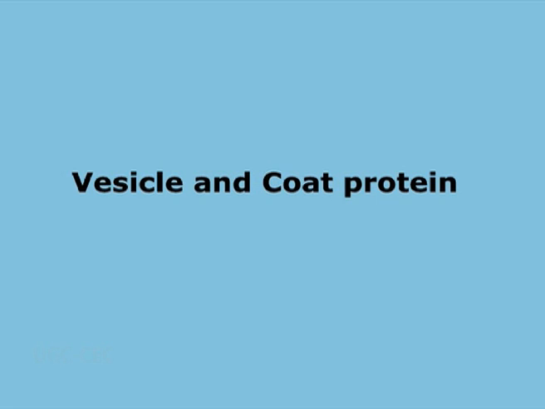Let us be acquainted with vesicle and coat proteins. Small membrane bounded vesicles along with its coat proteins involved in transport of different proteins from one organelle to another are common elements in the secretory and endocytic pathways.